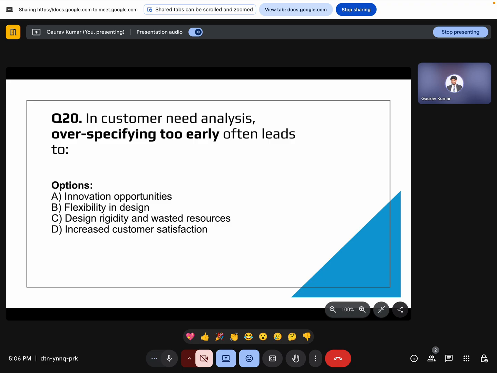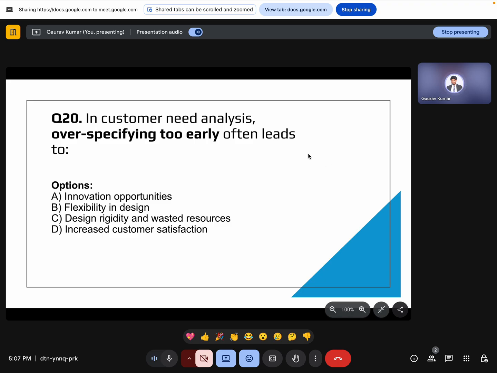For example, insisting that a crutch must weigh exactly 1.6 kg before exploring material options might block innovation and force costly redesigns. The other options are wrong because innovation and flexibility are reduced, not increased, and customer satisfaction is not guaranteed when our specification limits design choices.